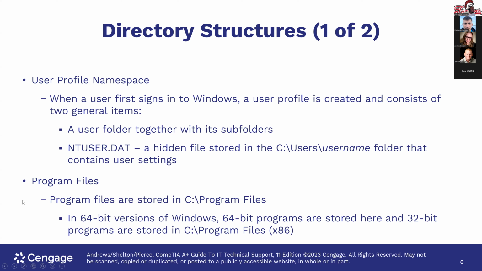There's also something called the program files, and these are where the program files are stored. The programs for the defaulted programs, and also when you download programs onto your machine, it usually will install it, or you'll have a choice, but by default, it's going to install it somewhere in here.